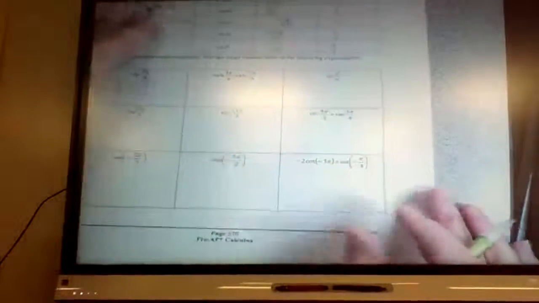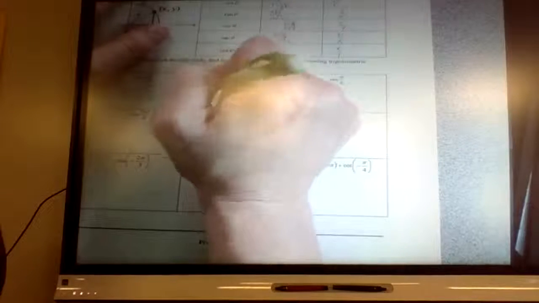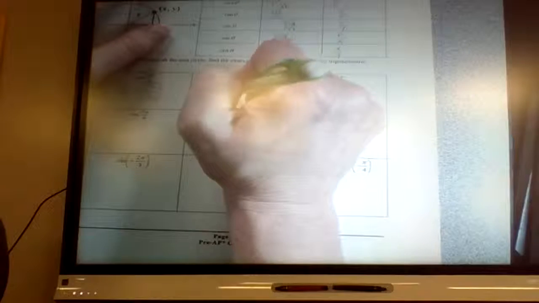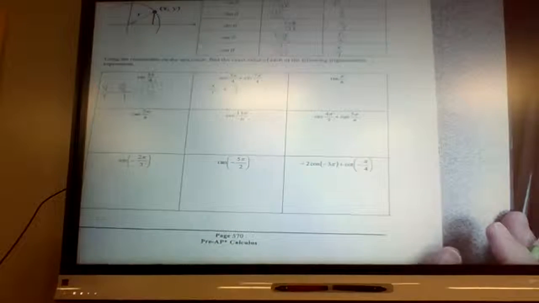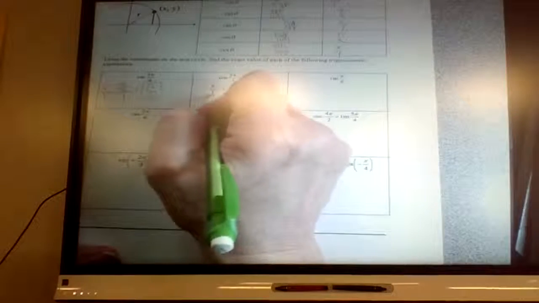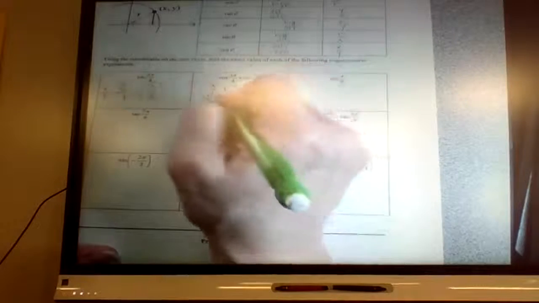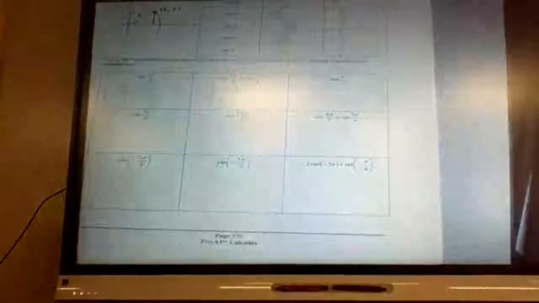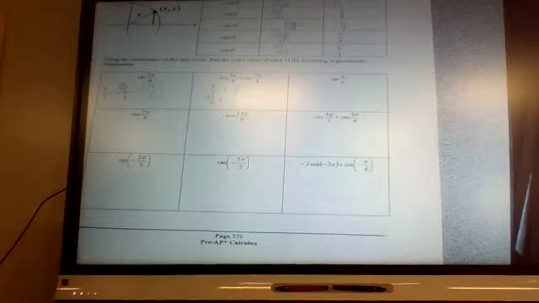That's tragic. All right, cosine plus sine. So cosine is x over r, and sine is y over r. So the cosine of 3 pi over 4, that's cosine, is going to be a negative square root of 2 over 2, plus the sine of 7 pi over 4.